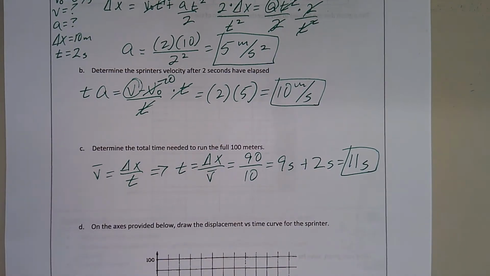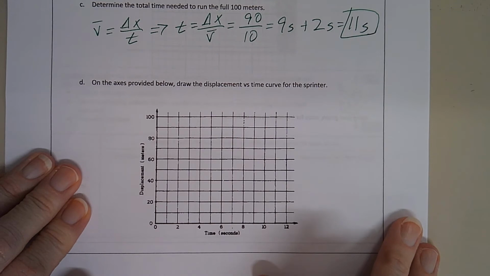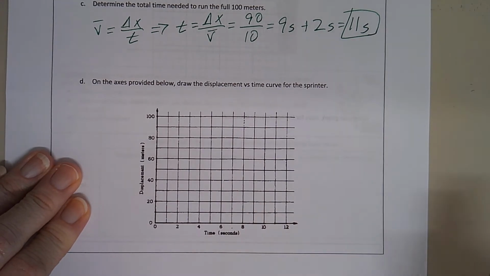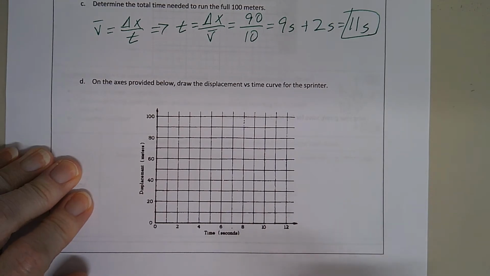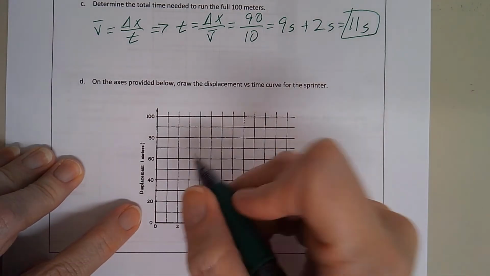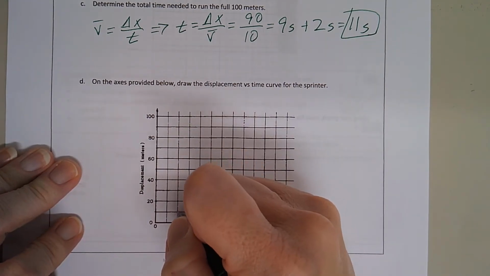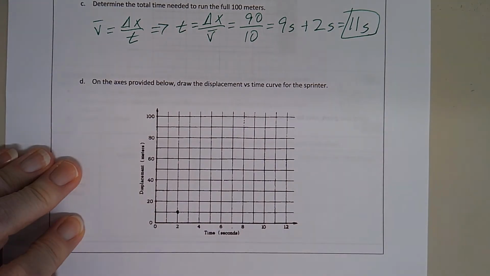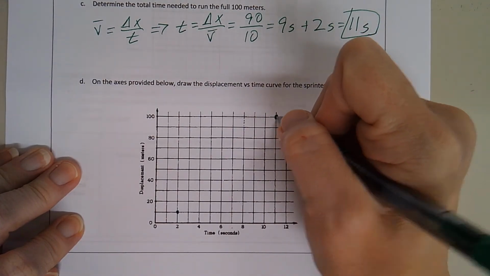Okay? Alright, so then it says, on the axes provided below, draw the displacement versus time curve for the sprinter. Well, I know that after 2 seconds, he's gone 10 meters. So 10 meters in 2 seconds, I'm hitting a constant velocity, and I know that at 11 seconds, I will have gone 100 meters.